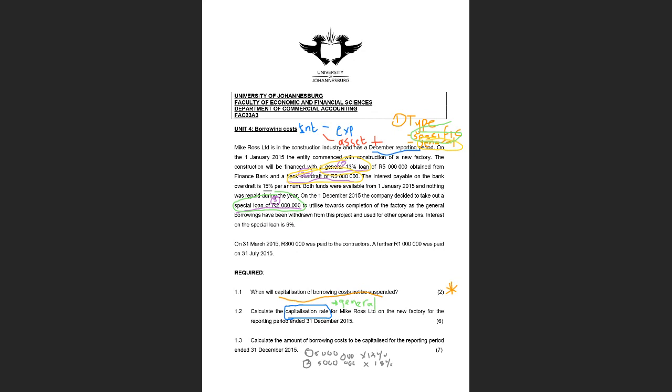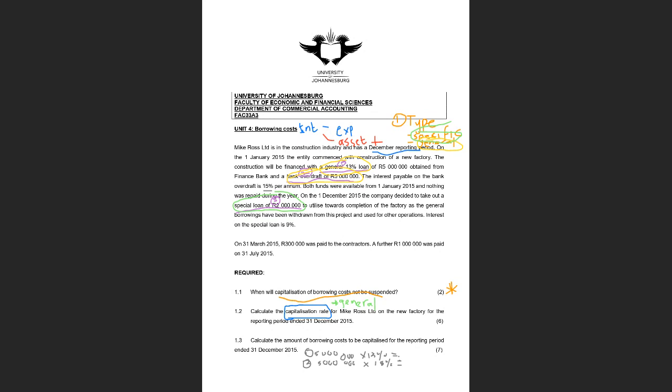Good. Okay, so I'm going to do that calculation. Remember the question is that no repayments were made during the year, so interest is applicable for the entire year. The loans were taken out on the 1st of January, so we're going to calculate interest for the whole year.